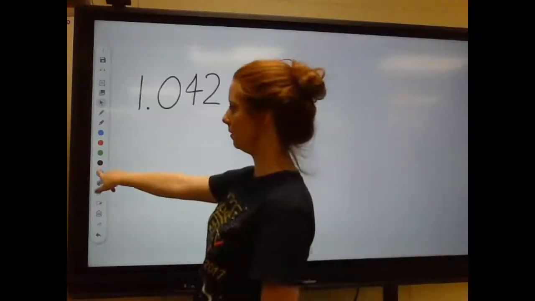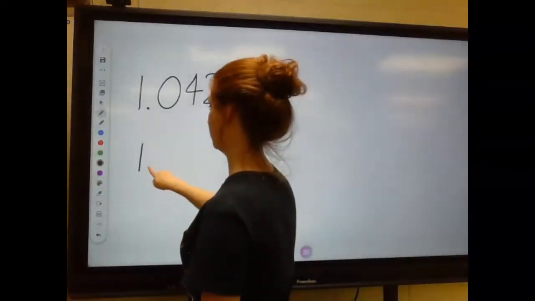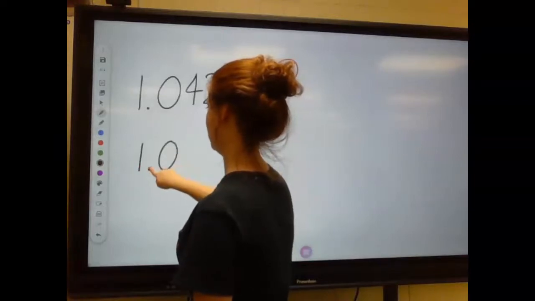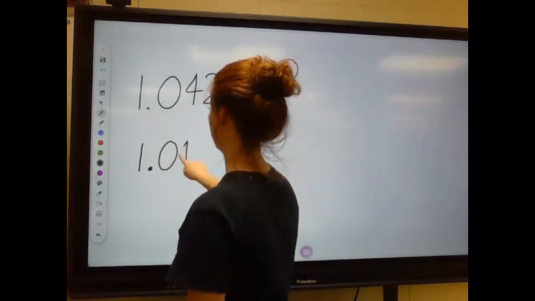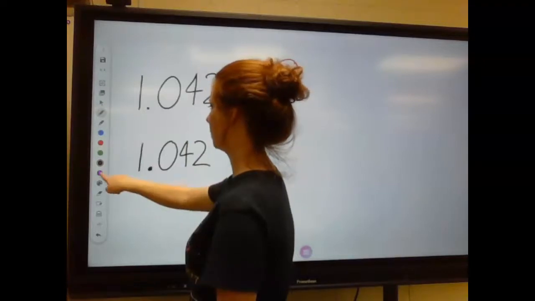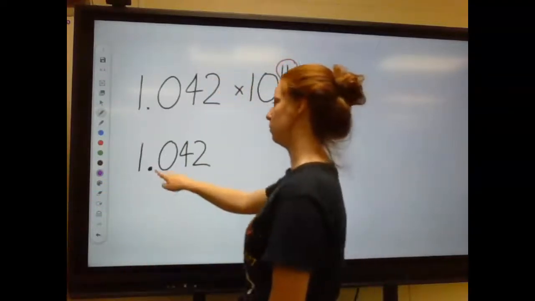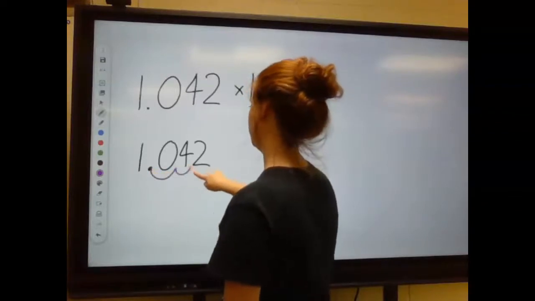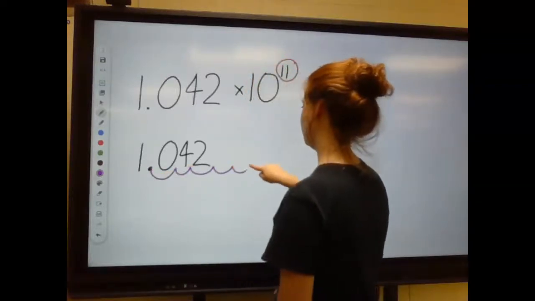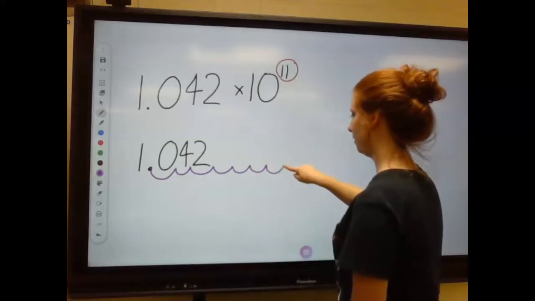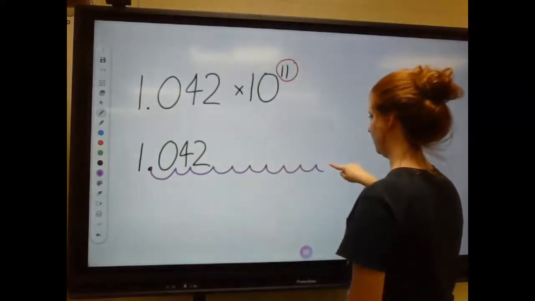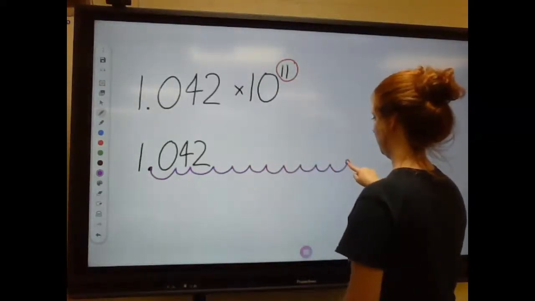So if I were working this out, I would rewrite this. I'll make the decimal a little bit easier to see. And here's how I would end up working it out. I would move 1, 2, 3, 4, 5, 6, 7, 8, 9, 10, 11.